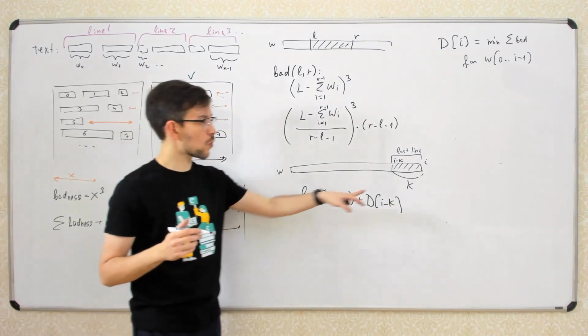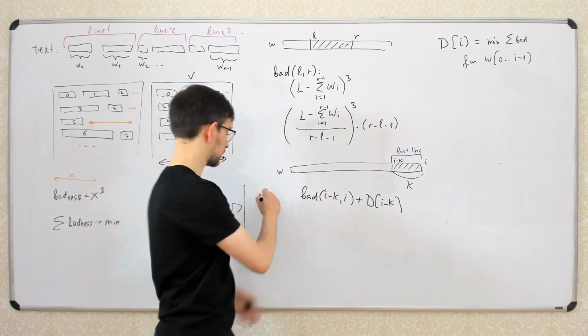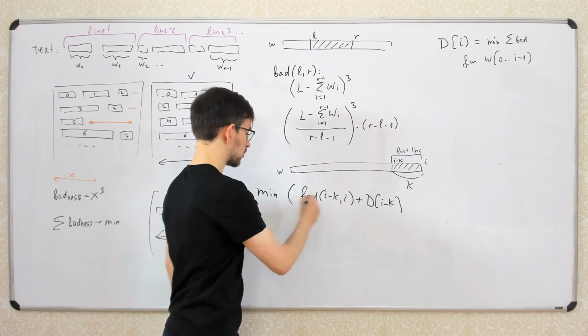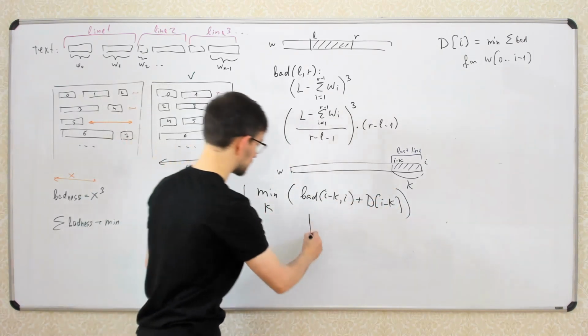And now we simply iterate over all possible values of k and find the minimal option. So it will be the minimum of this over all k, and this will be equal to d of n.